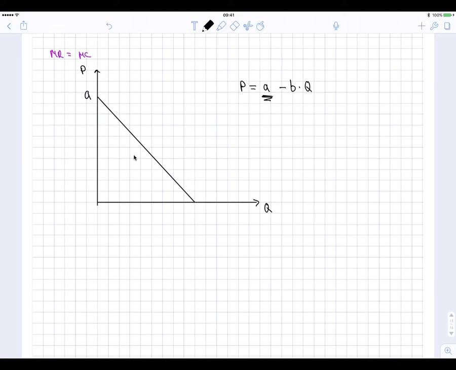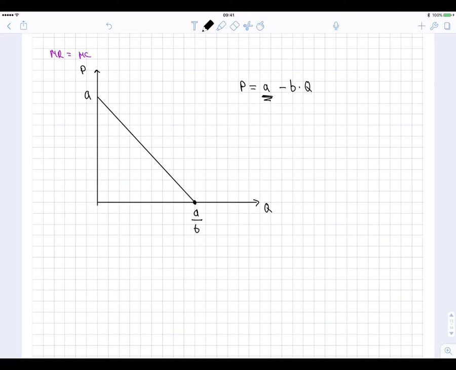So when Q is equal to 0, that's what it will be. What would be the Q-intercept? A divided by B, always. So if you want to memorize them, you can, so you can very quickly draw those lines.